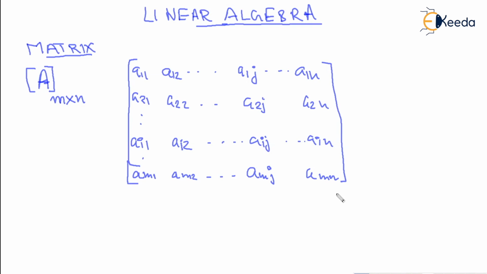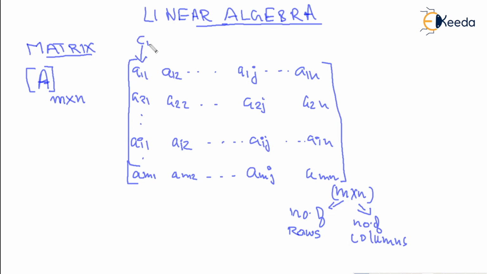So this is an m cross n matrix which has a certain number of rows and columns. What are m and n? This is the number of rows and this is the number of columns. So this is column 1, let's say C1, column 2, C2, and so on.